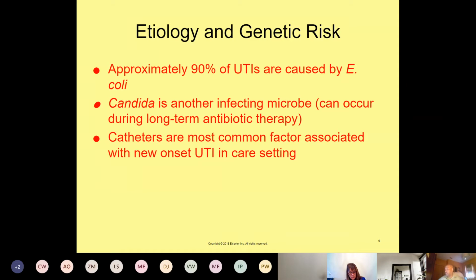Pain also occurs in the suprapubic or pelvic area as well. And these patients also have pain radiating to the groin area, to the vulva in females, and also in the rectum as well. And again, this affects women more than men.